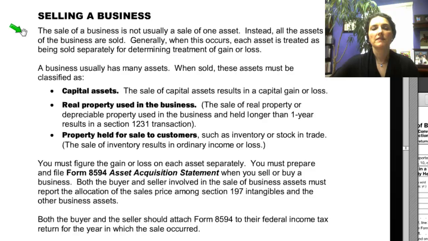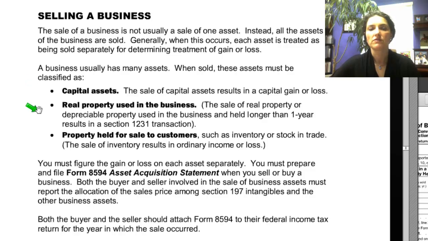Selling a business. The sale of a business is not usually a sale of just one asset. Instead, all of the assets of the business are sold. Generally, when this occurs, each asset is treated as being sold separately for determining treatment of gain or loss. A business usually has many assets, and when sold, these assets must be classified as capital assets. The sale of capital assets results in a capital gain or loss.